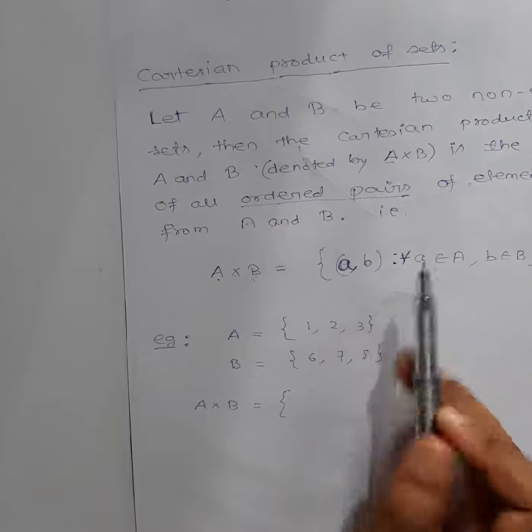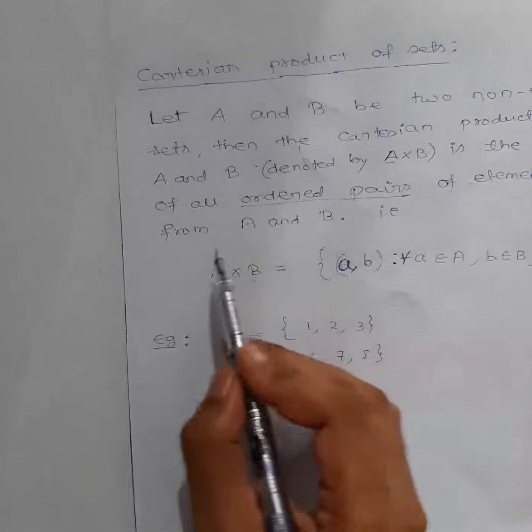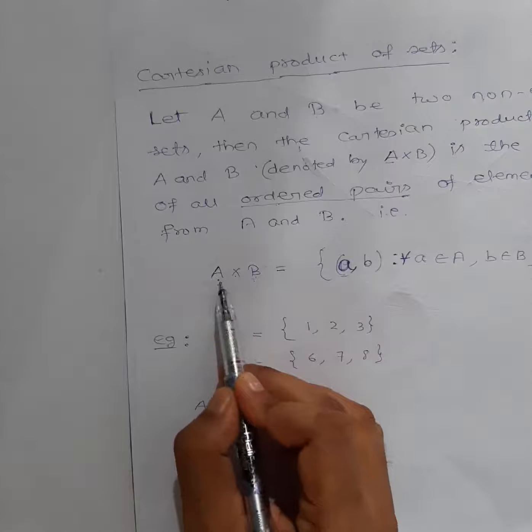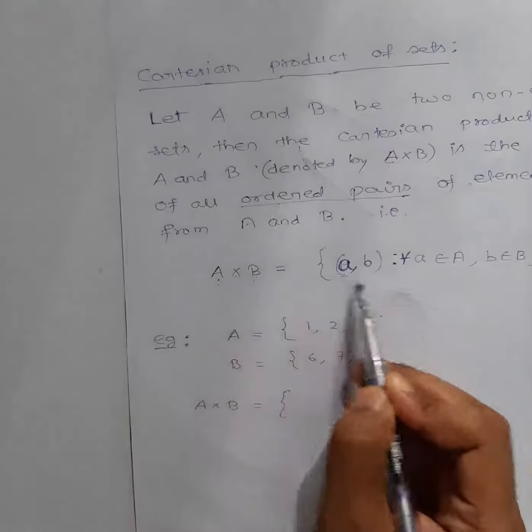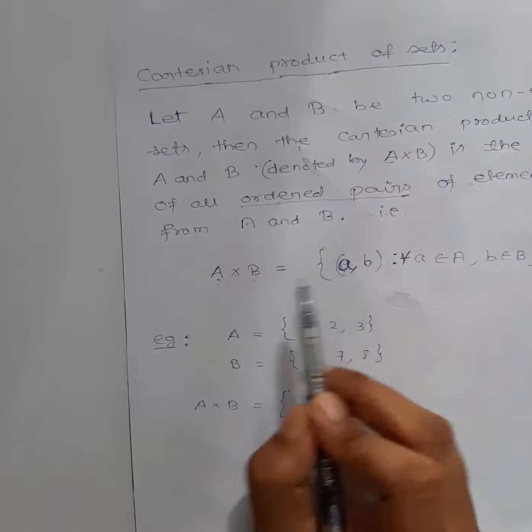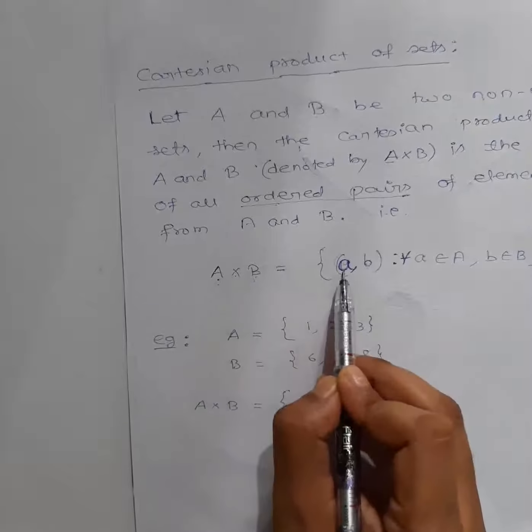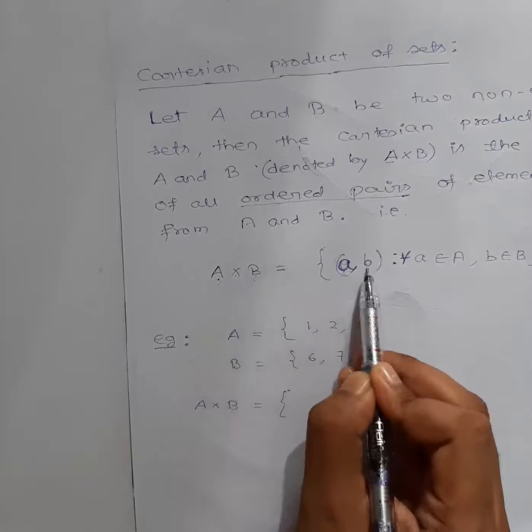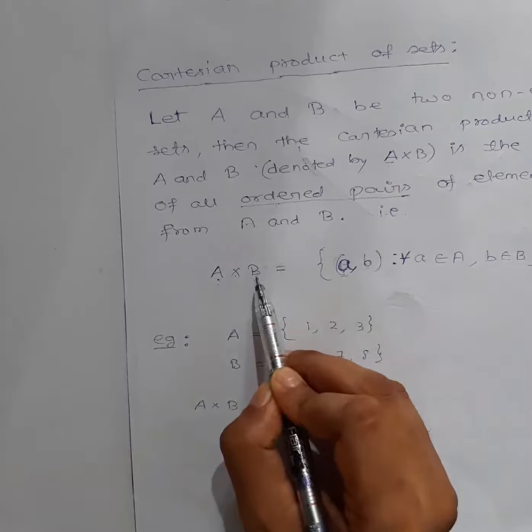Okay, and why have they said ordered pair? Now see, when you give the notation A cross B, and when I write down the pair, in this pair the first element will always belong to the first set, and the second element will always belong to the second set.